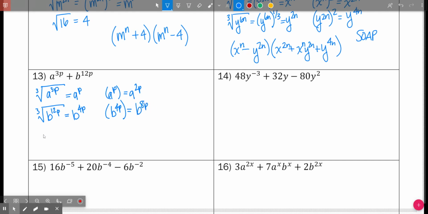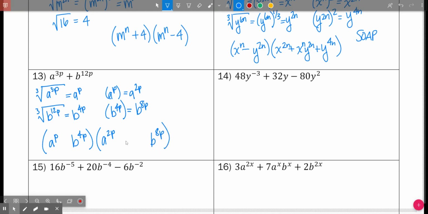So my pattern is the cube root of my first term, a to the p, plus the cube root of my second term, b to the 4p, times my cube root squared, a to the 2p, my cube root squared, b to the 8p.